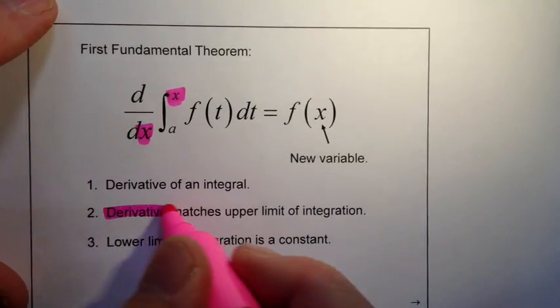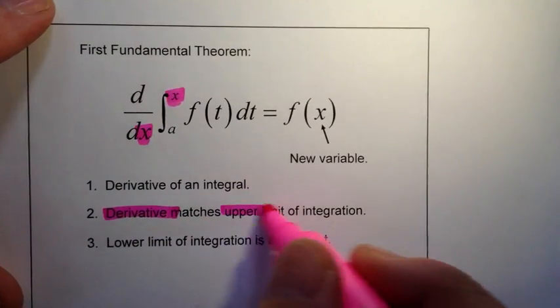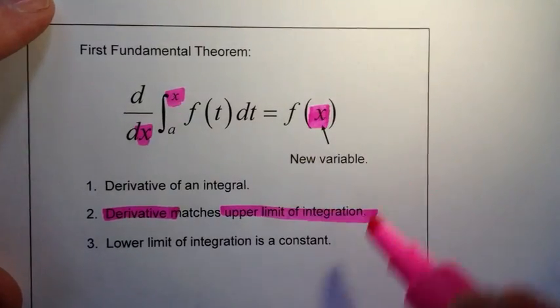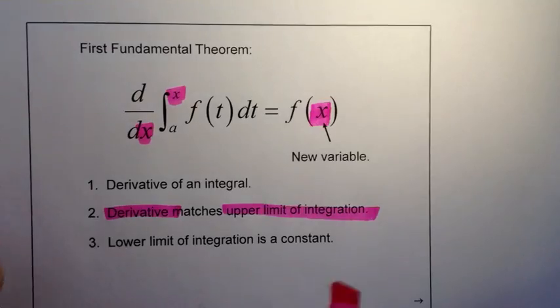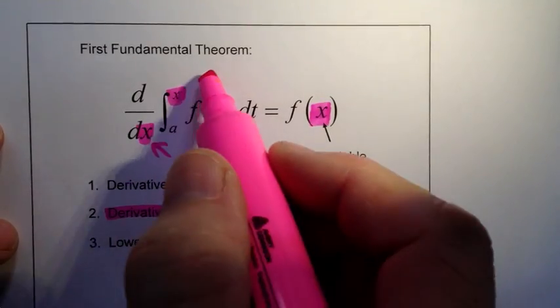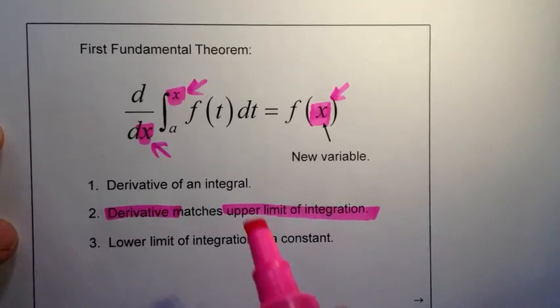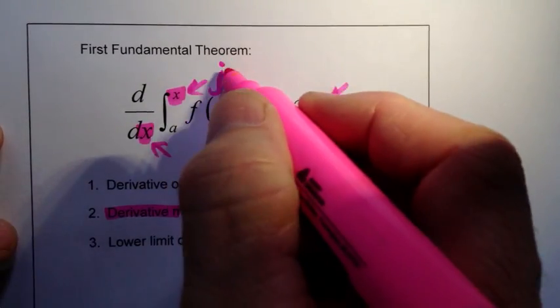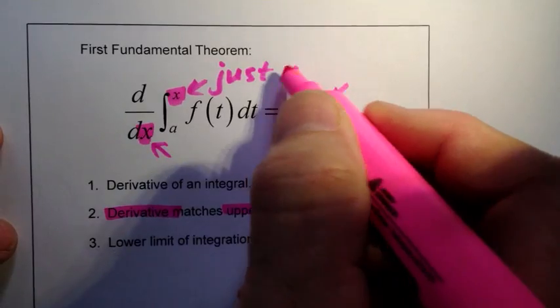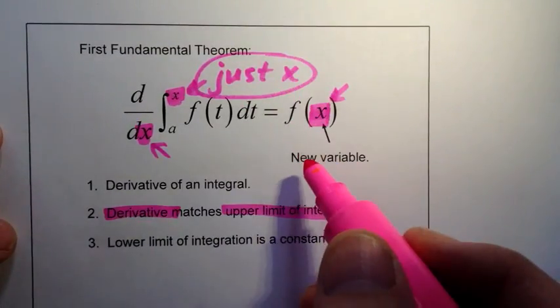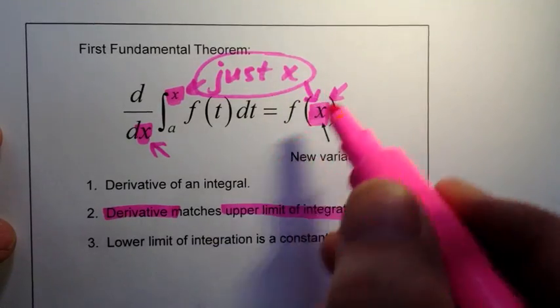The derivative matches the upper limit of integration, and that also matches that variable. So these variables are all the same thing. Now that has to be just x as well. Just x. And if that's just x, then that's just x.